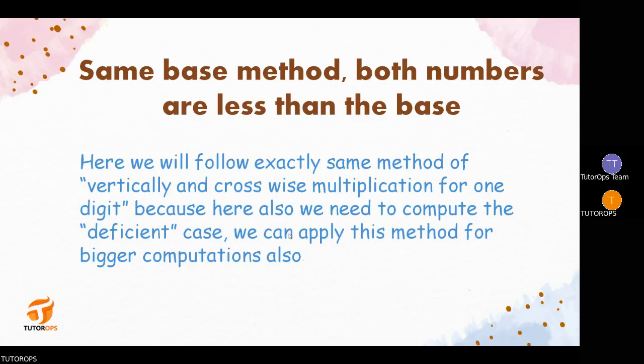So 0, 1, 2, 3, up to 9, all were deficient numbers. So if the taken numbers are less than the base, I can directly say there will be deficient case only.